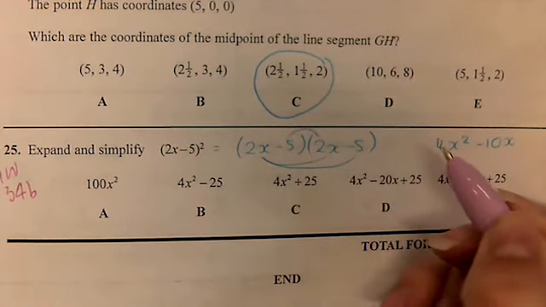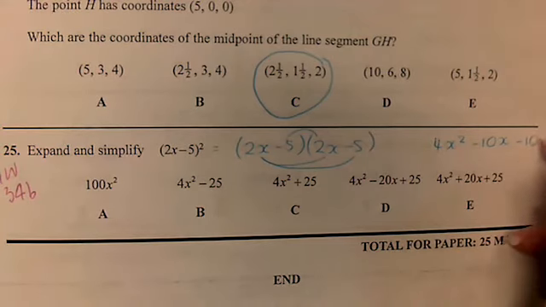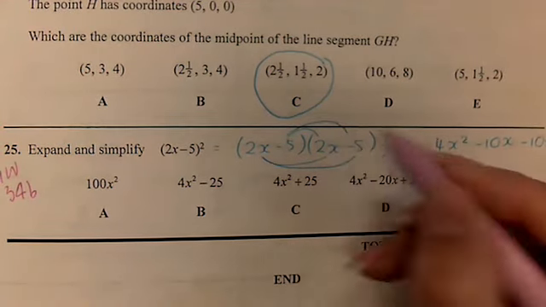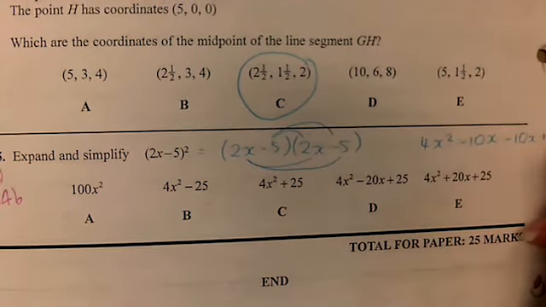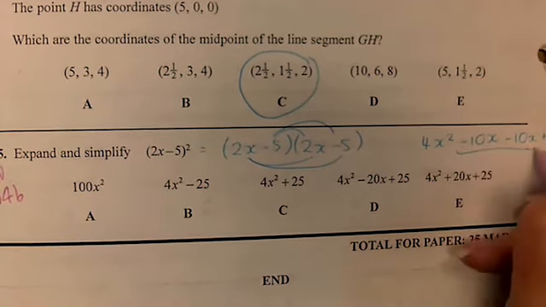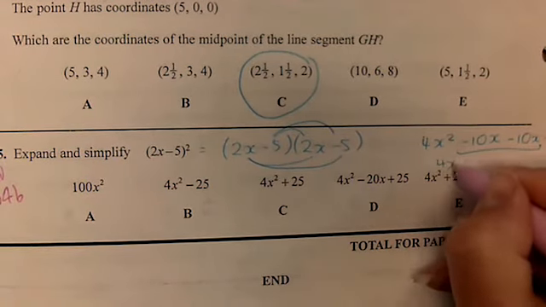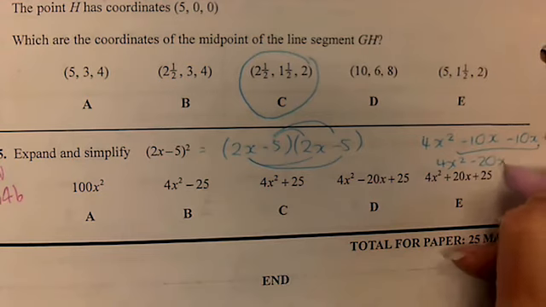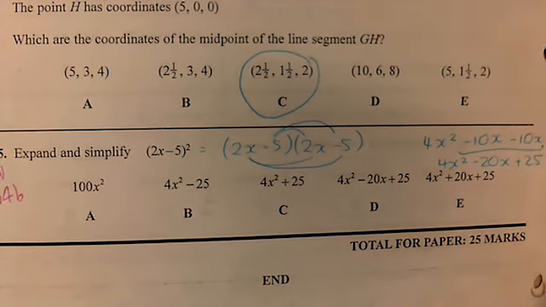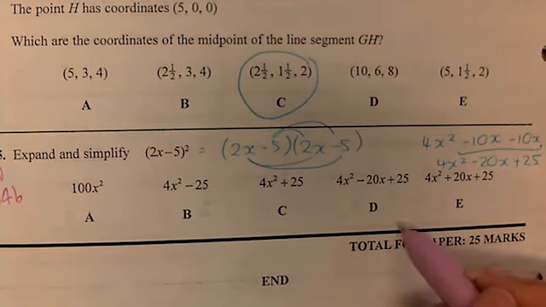Minus 5 times 2x is minus 10x. And minus 5 times minus 5 is going to give me positive 25. Let's simplify. We've got 4x squared minus 20x plus 25.